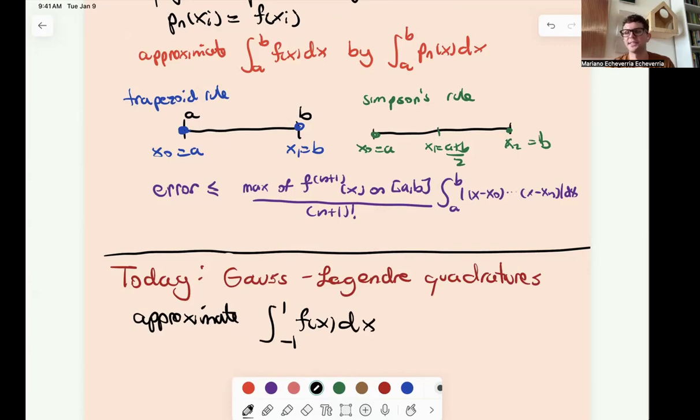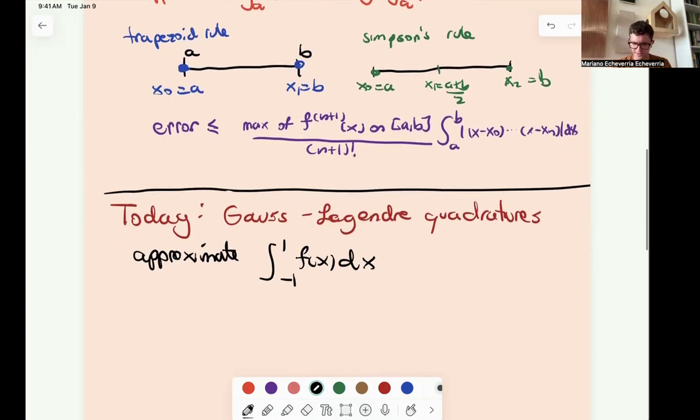This is not a massive restriction because you can always make a change of variables. If you have an interval from a to b, you can translate and then shrink, and then make a change of variables to put the integral on this interval. I think there was a problem in the PDF that you could have worked out for that. So it's not a big thing.